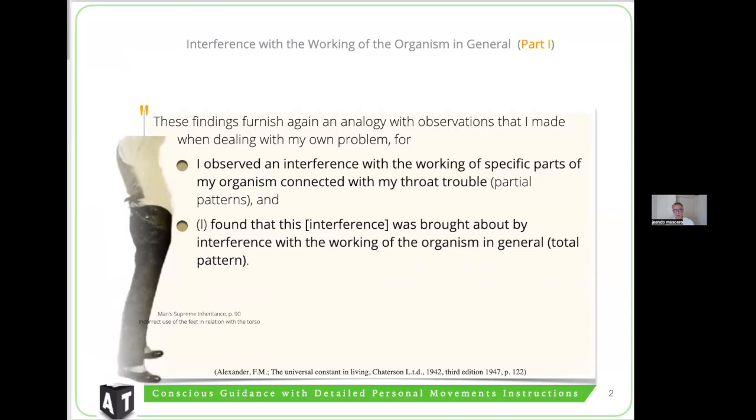results in a given posture or demeanor. So let's go and look at it. What have we got? We've got a sentence, but also the picture shows a man. Some of you may know this is probably F.M. Alexander, because that picture is in fact shown in the first book of Alexander.